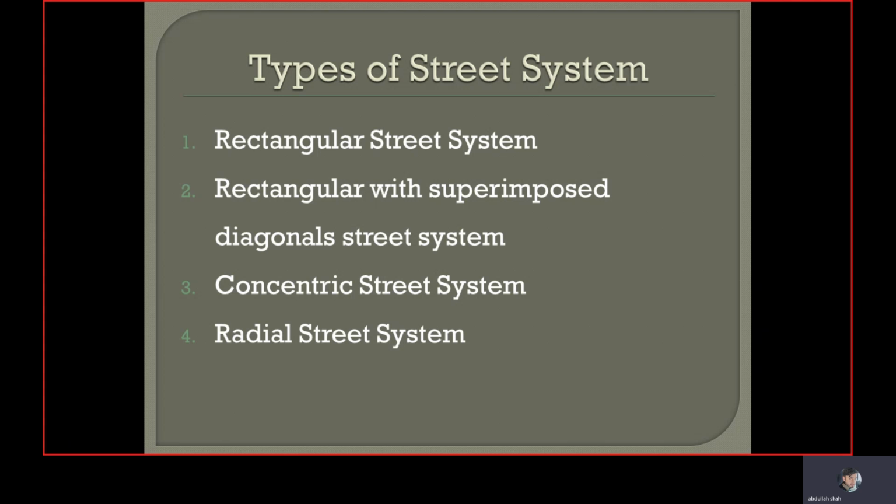These are rectangular street system, rectangular with superimposed diagonal street system, concentric street system, radial street system, combined radial or rectangular street system, irregular medieval street system, topographical street system, and lastly, combination of rectangular and irregular street system. Well, let us look into all these types of streets in detail.